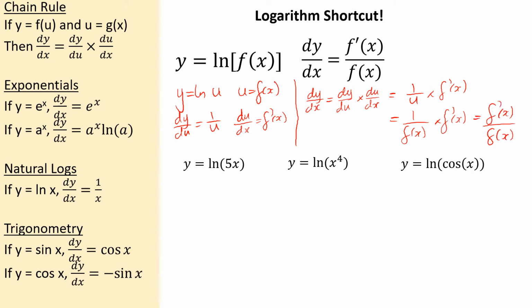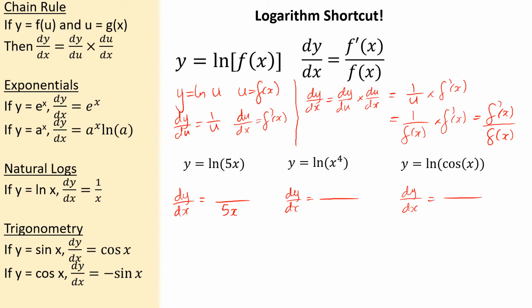Great, there's a proof. How do we actually use this though? Well, it just means that whenever we want to differentiate something which is a natural logarithm, we write ourselves a fraction. I know I'm going to have an answer as a fraction, and I might need to simplify it in the end, but that's fine. And the f(x), the thing that we've got the log of, goes on the bottom of the fraction.